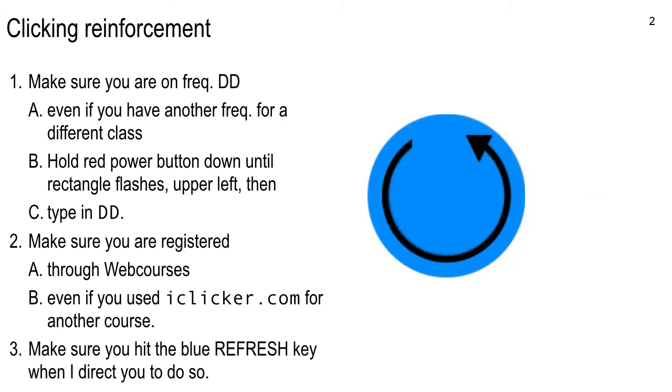Another thing, when I tell you to hit the refresh key, you've got to do it. If you come in late after I tell everybody else to hit the refresh key, you may be SOL.